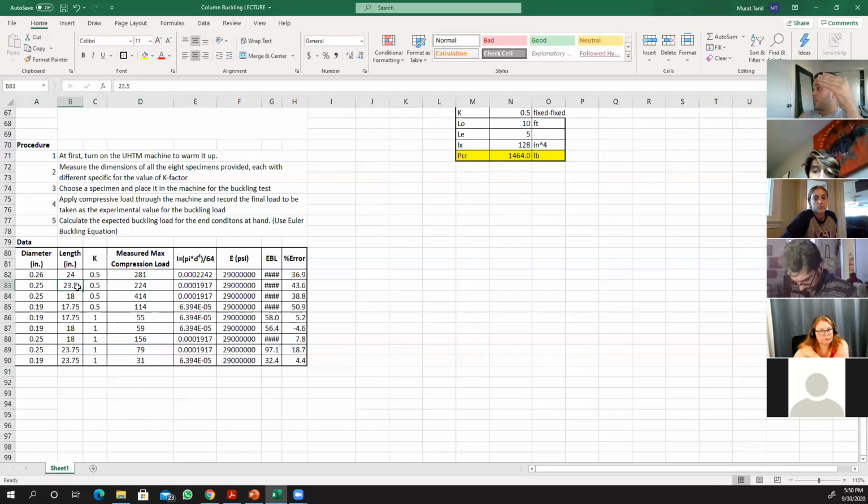Increase in length will reduce your compression load, your critical load.